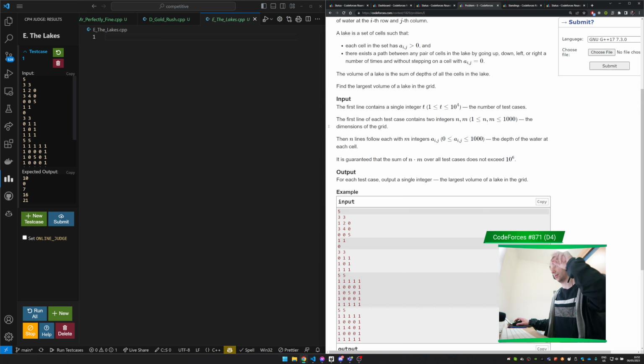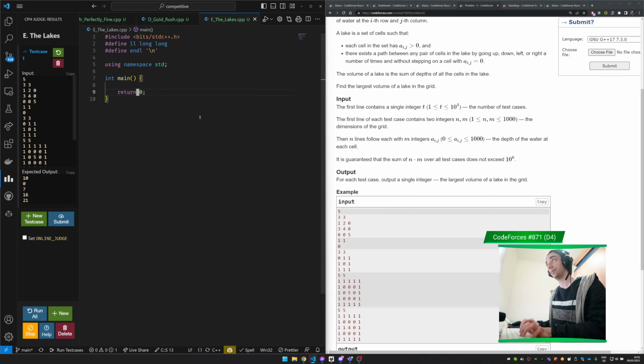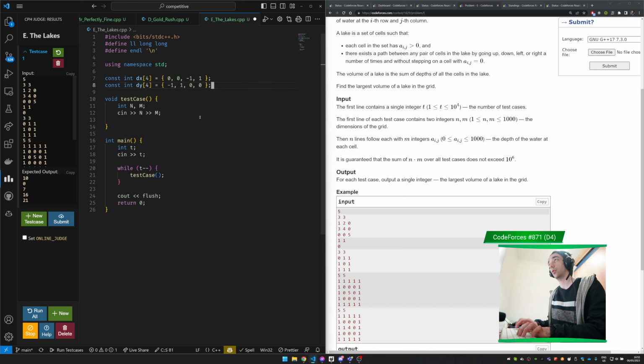So what you do, you can do breadth first search, let's say. You could do breadth first search and just count out how many of these.